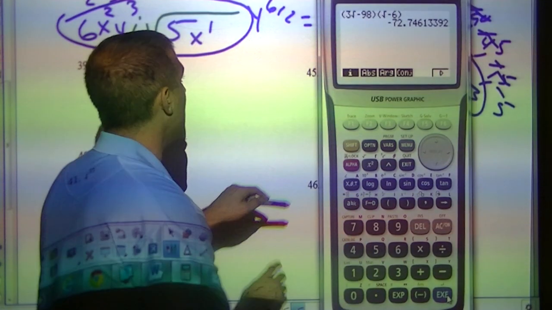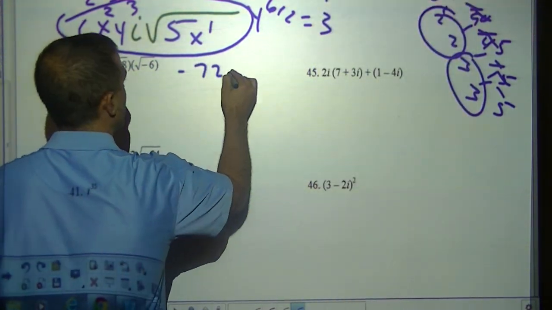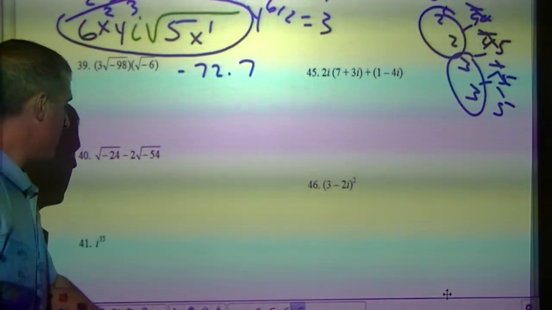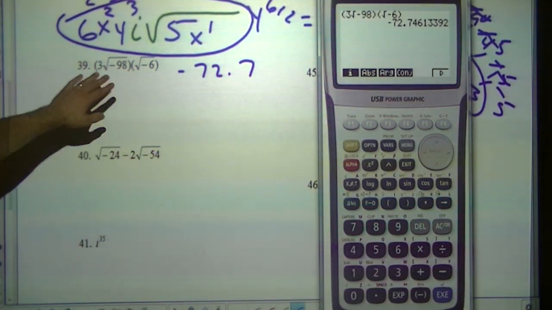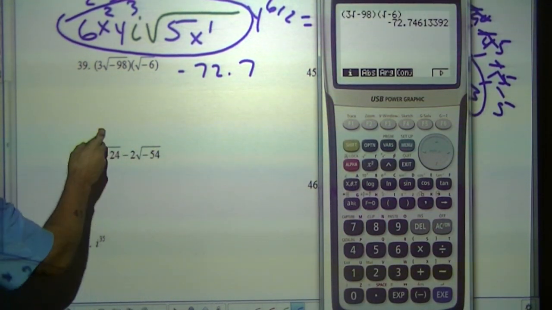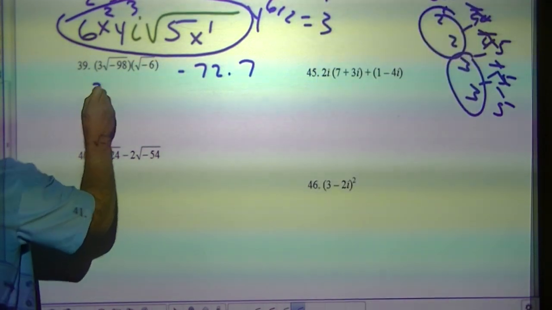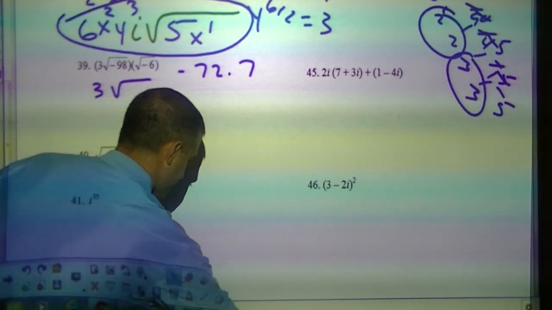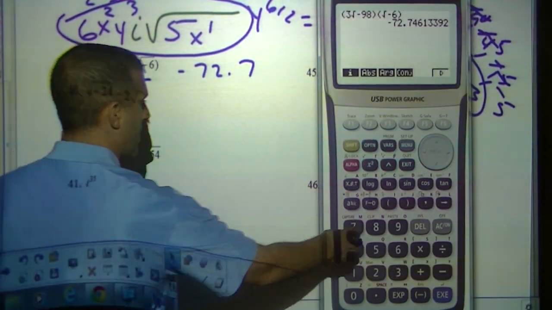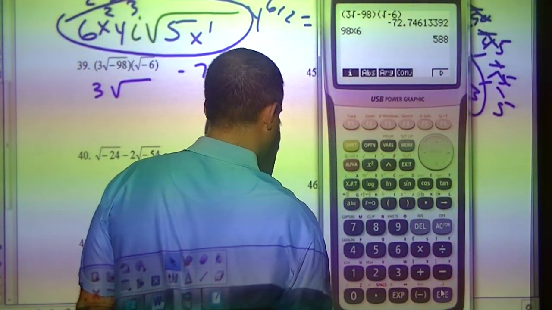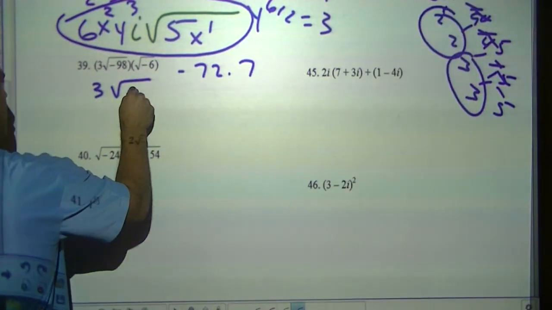No, there is no i, so I should end up with negative 72.7. So from an i standpoint, we're not going to even worry about it at this point. So that's going to be 3 square root of 98 times 6, which is 588.